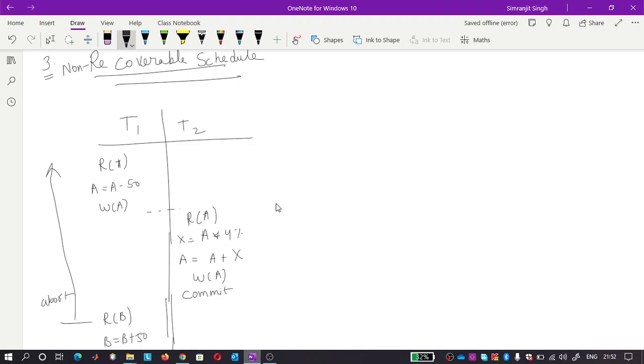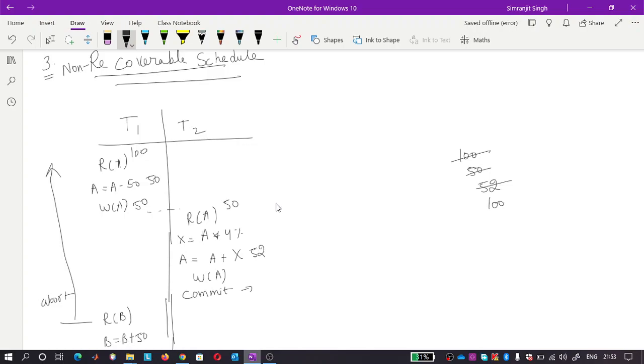Now, why is that? Because you started with the value 100, changed to 50, read the value of 50, made changes to it, and it is committed. Now, the actual value of 100 is changed to 50, and now it is changed to 52. But when the rollback happens, it is again changed to 100. Okay, so this is a problem here.